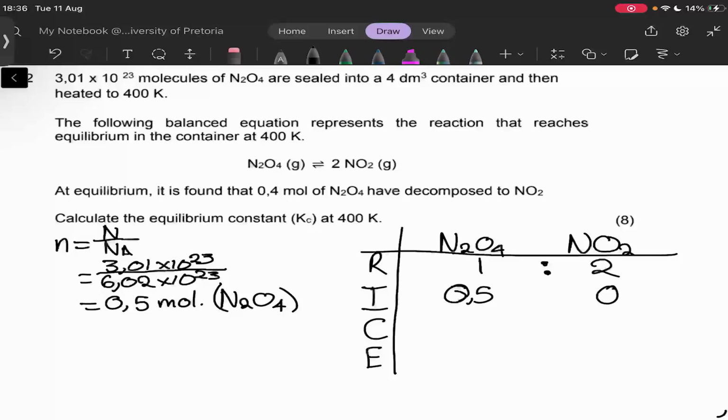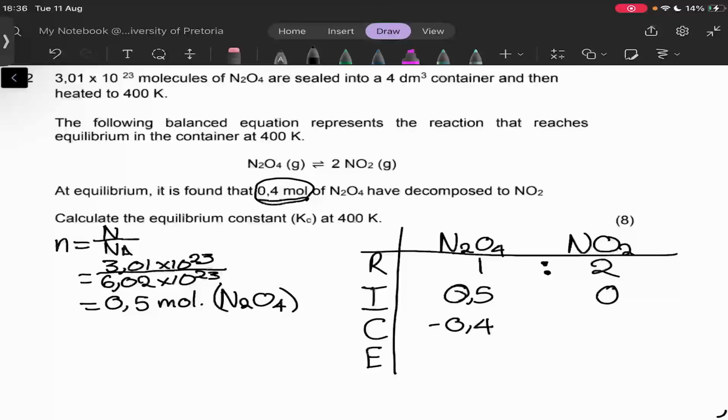We're told that at equilibrium, 0.4 moles of N2O4 has decomposed to NO2. That's very important. If this is the amount that has decomposed, they're telling us that's the change. So the change in this case would be minus 0.4.